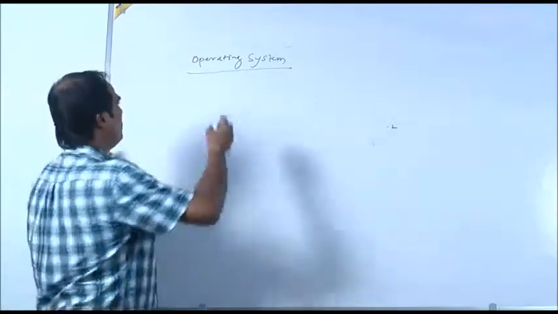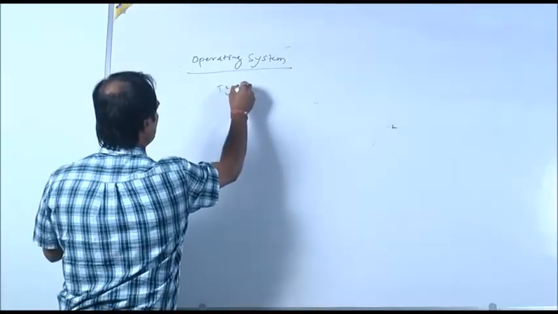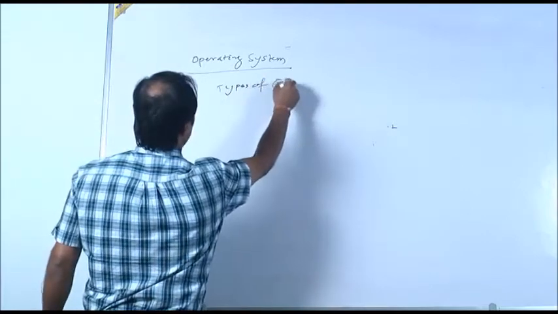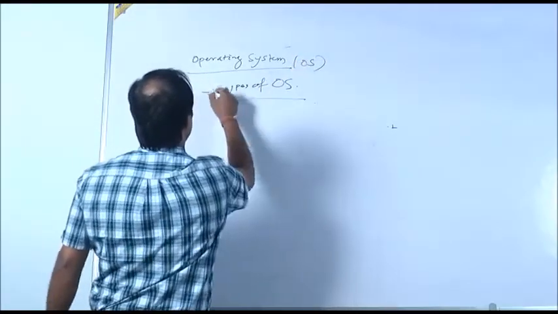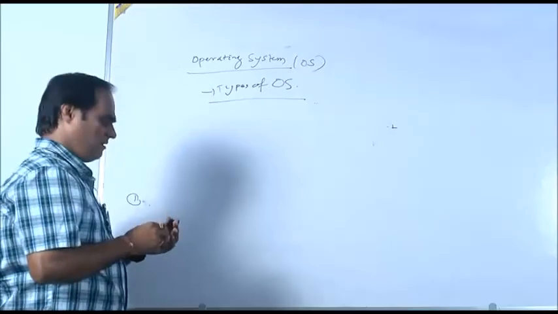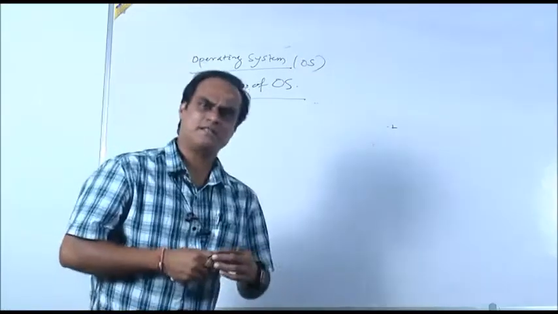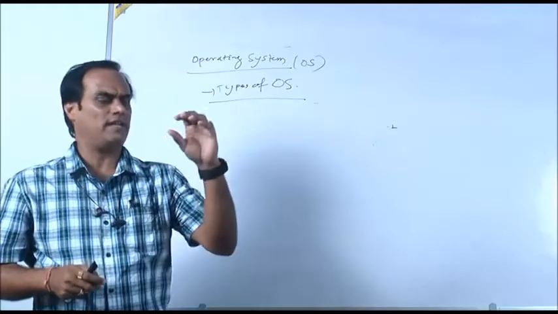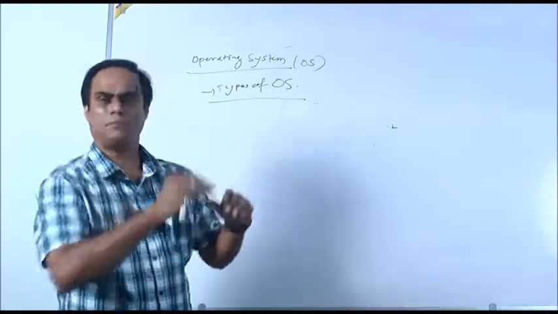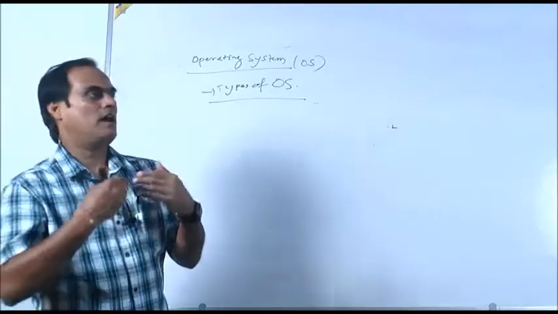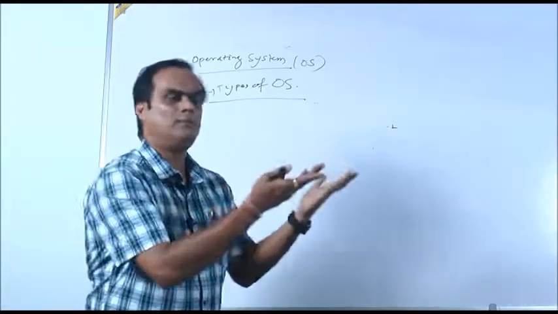So, we can say, what are the types of operating system? When we say types, it is definitely for different purposes. Suppose it depends on how I am using it and what type of computer is used.